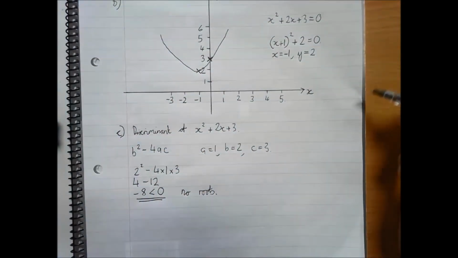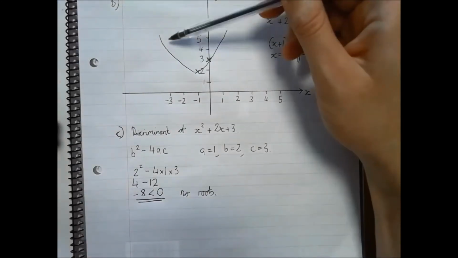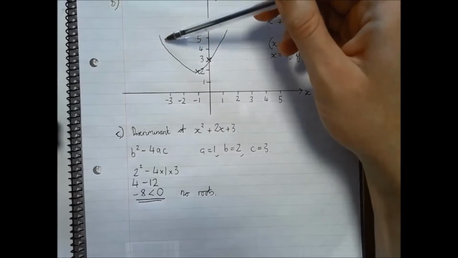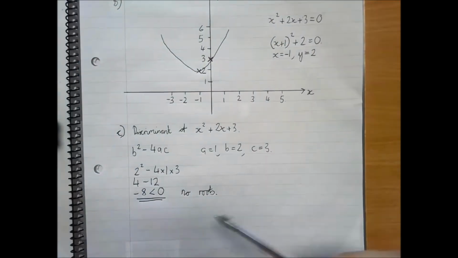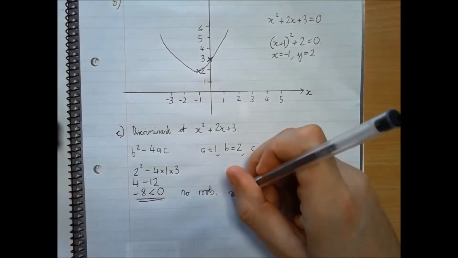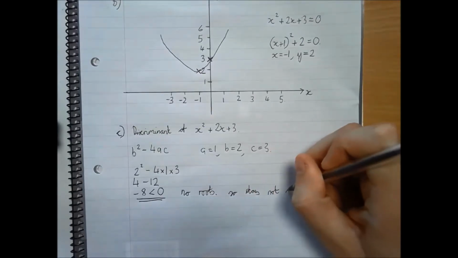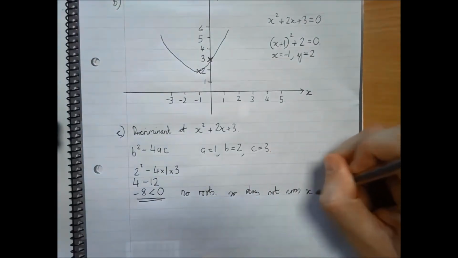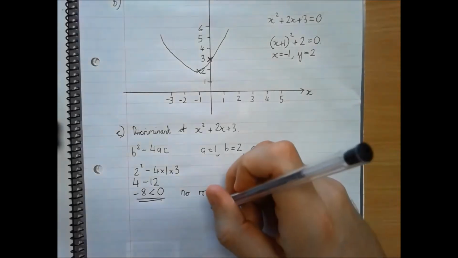And as we can see from our previous part B, there were no roots because the curve didn't come anywhere near the x-axis. So we can verify that as well. It does not cross the x-axis as shown in B.